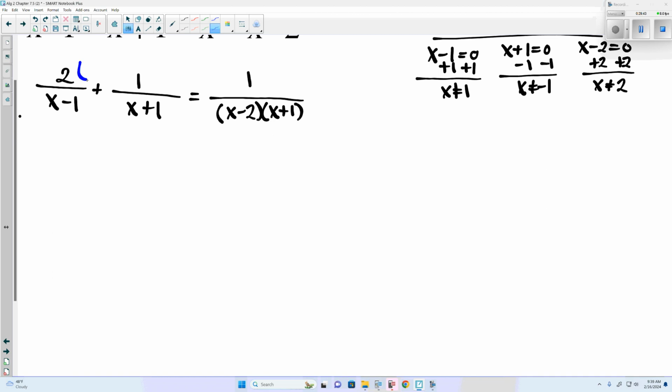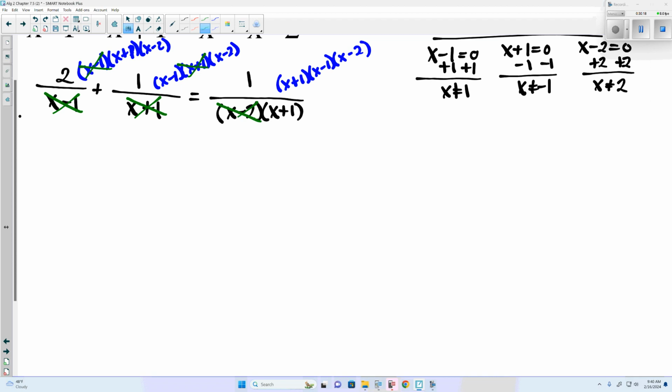Now, what are we going to multiply everything by? X plus 1, x minus 2. If we start crossing things out, our first one, the x minus 1 cancel. Our middle one, x plus 1 cancel. And the last one, x minus 2, x minus 2, x plus 1, x plus 1.